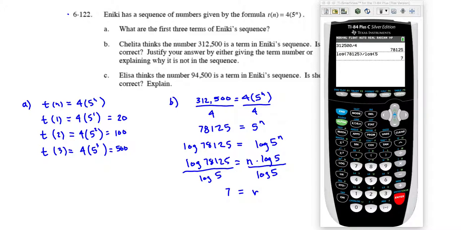So that means that, yes, this is a term in the sequence. Good job, Chalida. Chalida is correct. It is the 7th term in the sequence.